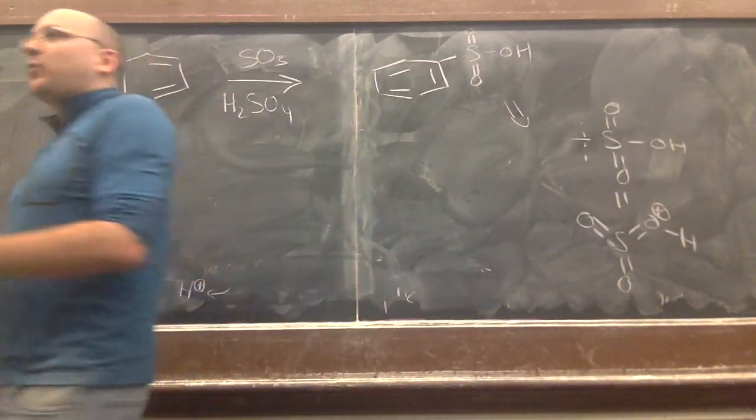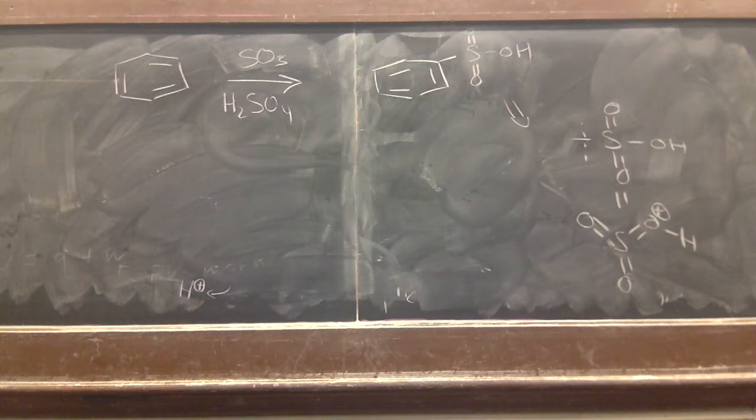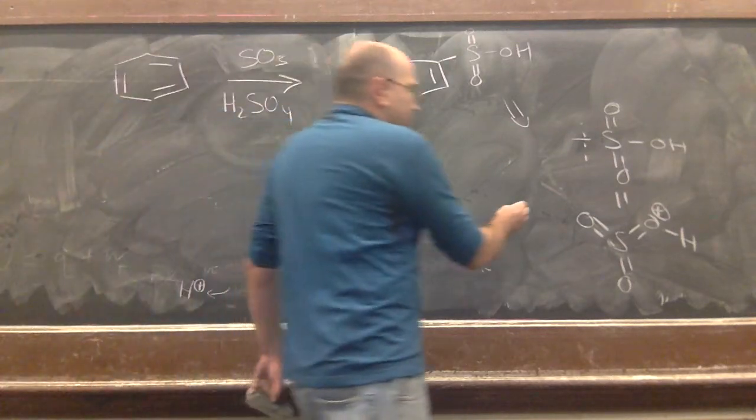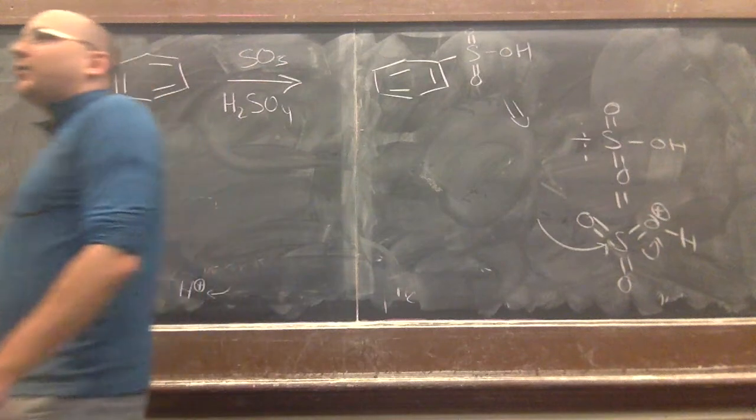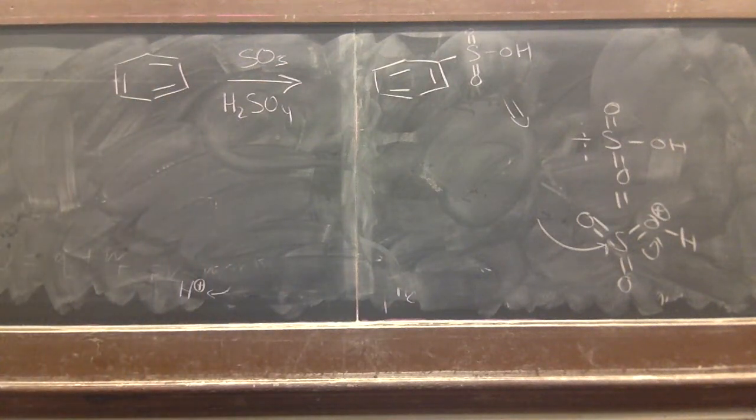If we backtrack what that cationic electrophile is going to be, it's going to be protonated SO3, right? We attack here, kick those electrons up, and we'll get to our sulfonic acid. Does that make sense? So it should be fairly straightforward here.